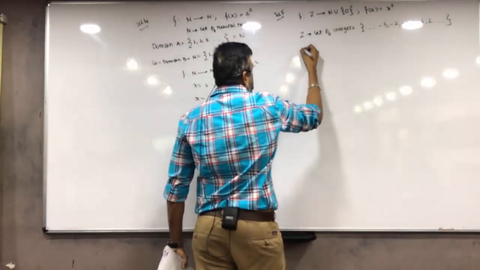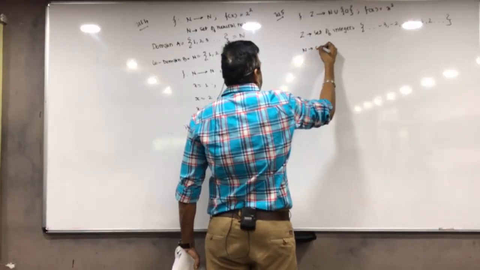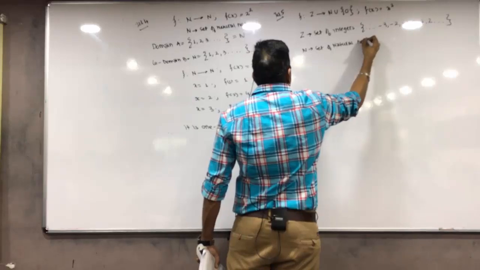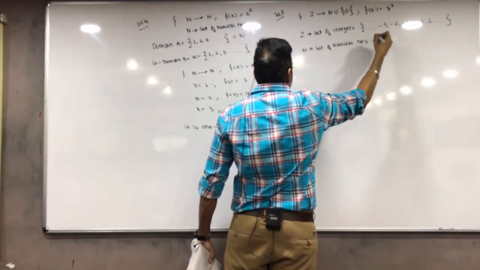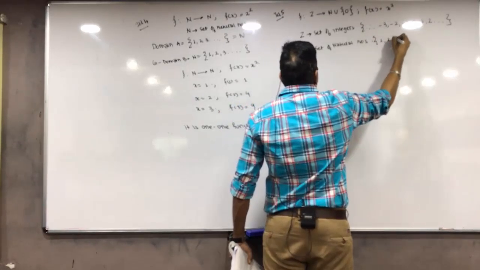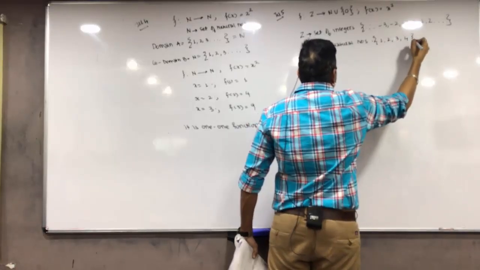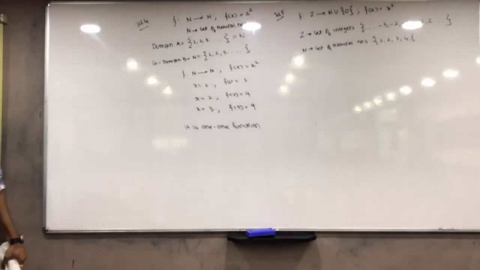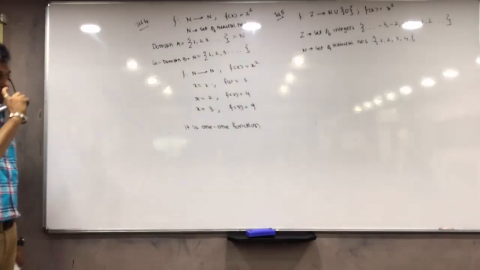What is N? Set of natural numbers. So 1, 2, 3, 4. Write this every time so that you remember.